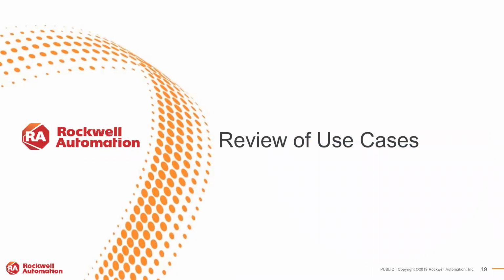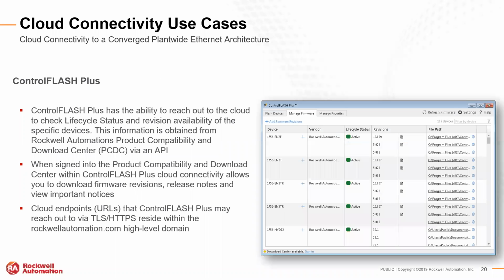So the review for use cases: ControlFLASH Plus has the ability to reach out to the cloud to check the lifecycle status and revision availability of specific devices. This information is obtained from the Rockwell Automation Product Compatibility and Download Center, the PCDC, via an API.